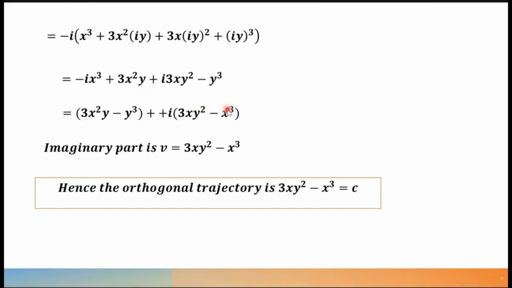If we have taken this as v in the starting, then u will be the orthogonal trajectory. Any doubt in this? Okay, so we'll go to the next one. It is almost dealing with the same topic, there is not much difference here.